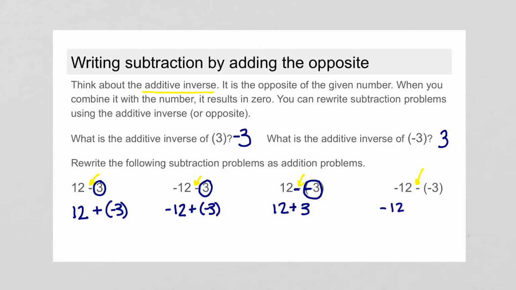I'm going to change that minus to a plus, and I'm going to do the inverse of -3, which is just +3. And that's another situation where it's minus a minus, and so it turns to positive, which kind of intuitively doesn't make sense, but when we think about it, we've practiced that a little bit on a number line, and now we're using the additive inverse, but it does the same thing.